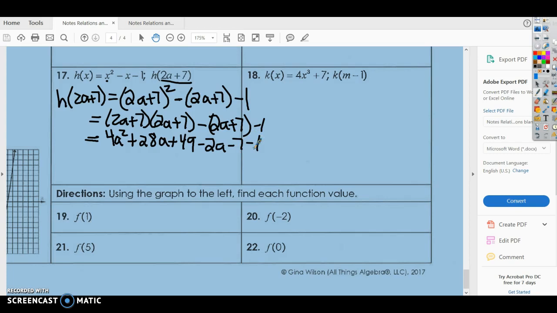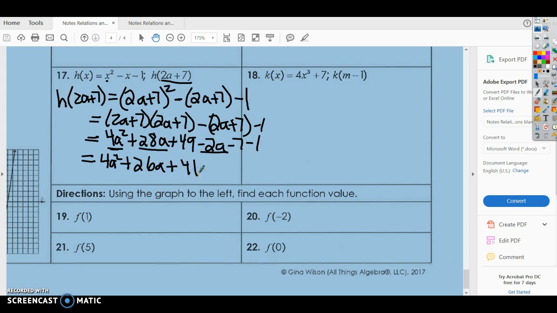Bring down the negative 1, and then combine like terms. All right, so I only have one squared term, so 4a squared stays by itself. I have 28 and negative 2, so I've got plus 26a, and I've got 49 minus 7 minus 1, so it's going to be plus 41.